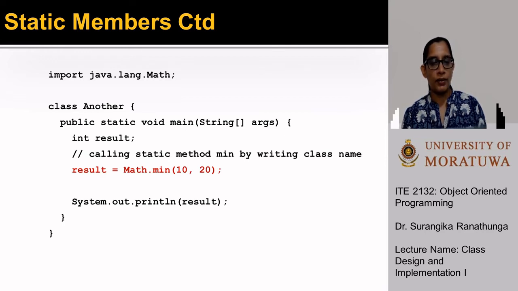So that is why we must have this public static void main method, and that is why this method has been made a static method. So the Java runtime environment can hook into your program even when there is no object created from your classes.